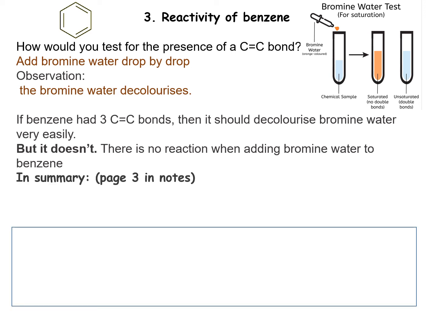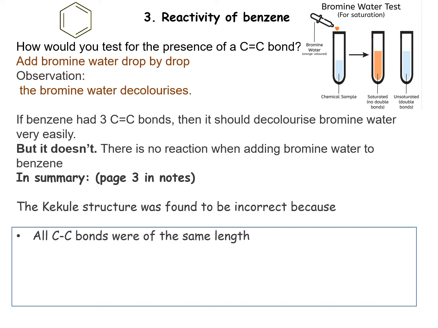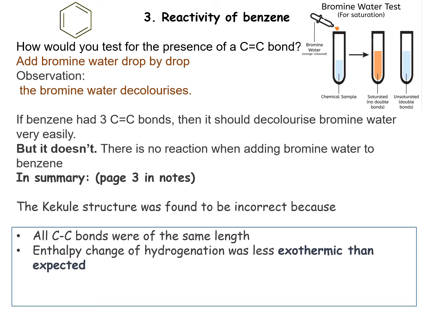So, summarising those pieces of evidence, this is on page 3 in your notes. These are the things you need to know. The Kekulé structure was proven to be incorrect because the carbon-to-carbon bonds were all the same length instead of alternating long and short bonds. The enthalpy change of hydrogenation was less exothermic than expected.